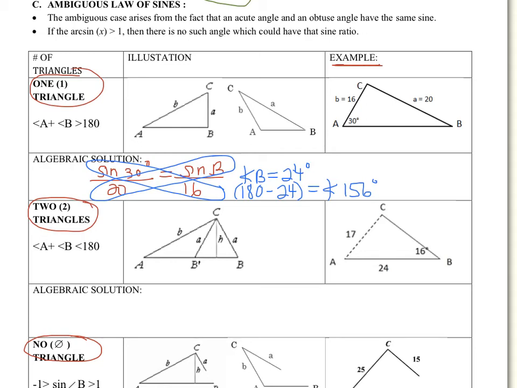Imagine if angle B was 156 degrees. What would that leave for angle C? If you take a look at angle C, you'll notice that if you add 30 and 156, you get 186 degrees.